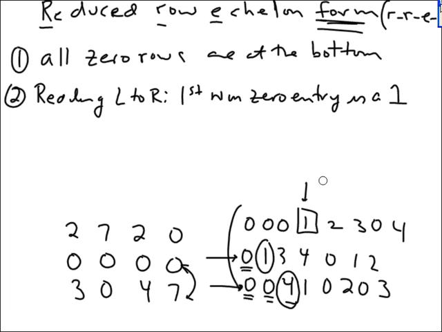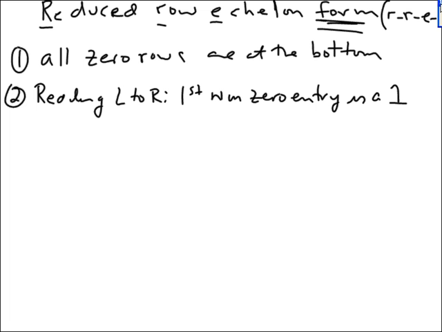And how do you get it to be a 1? Well, one way is to divide that row by 4, because we all know 4 divided by 4 is 1. Now, keep in mind that division is the same as multiplying. One of the elementary row operations is you could multiply a row, let R stand for row, by any number you want, like 7.